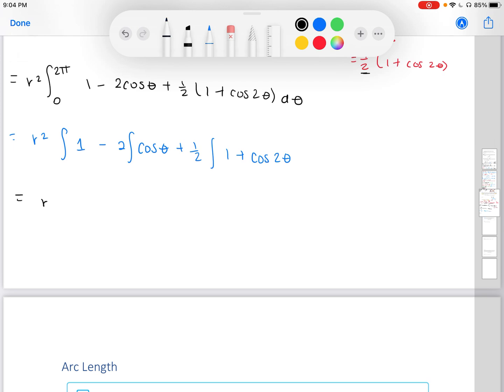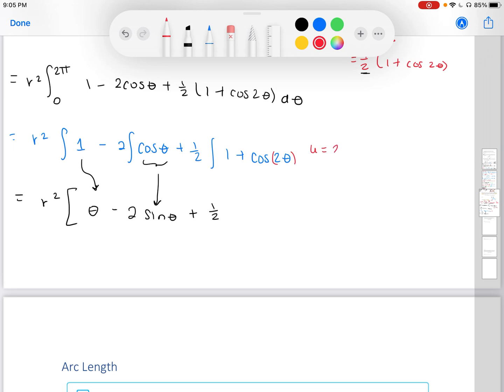So we have r squared times: the integral of 1 is theta, minus 2 times the integral of cosine, which is sine, plus we're left with 1/2 times, now this one's a fun one, right?